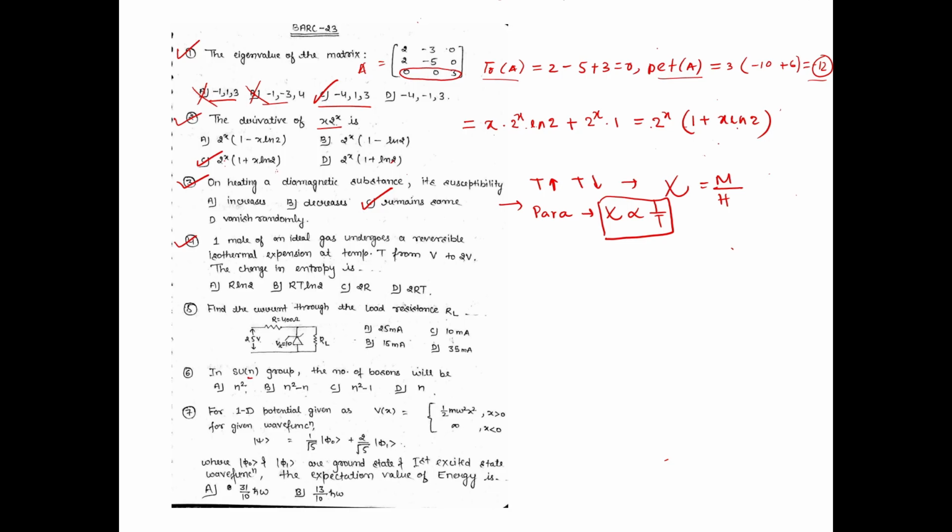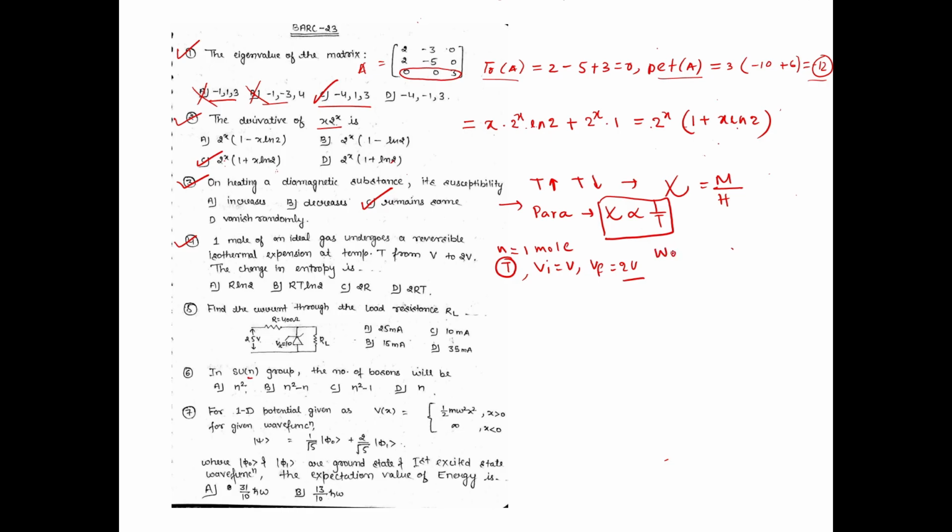Next one: 1 mole of ideal gas undergoes a reversible isothermal expansion at temperature T from V to 2V. Now we have to find the change in entropy. So n is 1 mole, the temperature is constant, the initial volume is V and the final volume is 2V. Since it is a reversible isothermal process, what will be the work done?